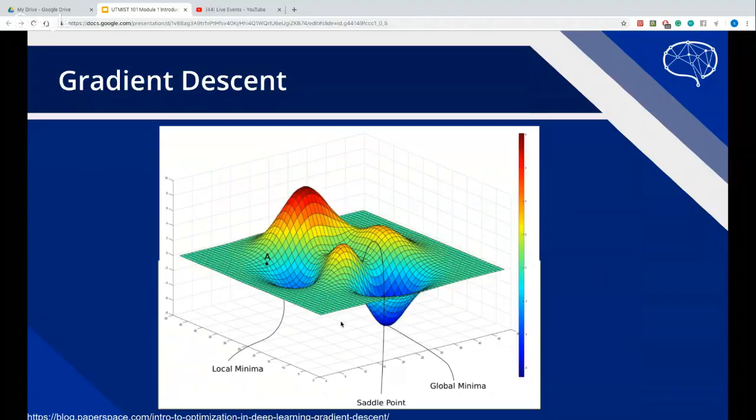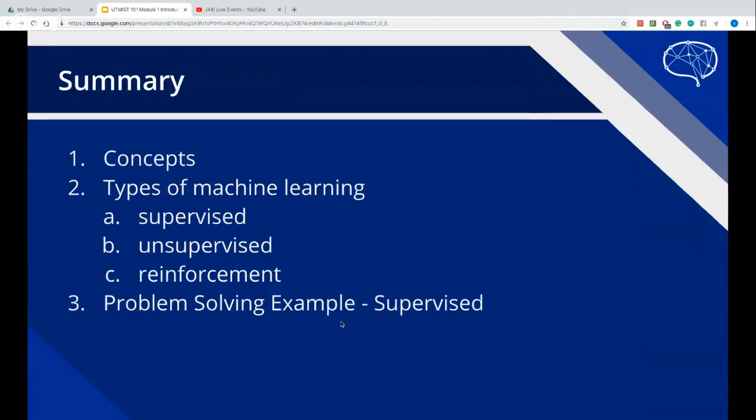But in practice, finding a local minima is usually good enough to have really good performance. So it's a problem, but in practice, we don't really consider that much. Yeah, that's pretty much it.